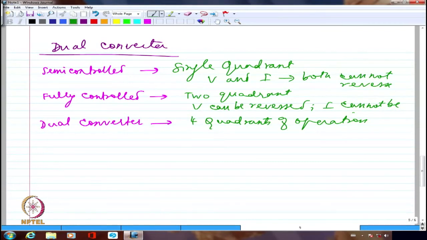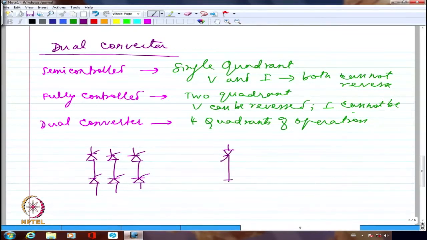So we are looking at one fully controlled converter here and another fully controlled converter here. And then I'm going to have a three-phase supply.